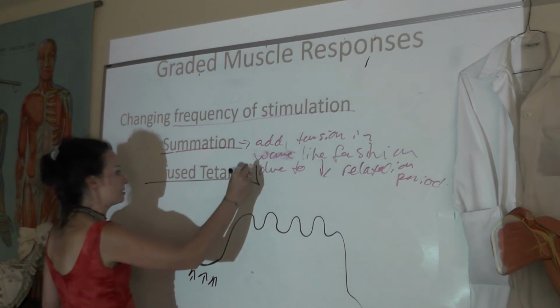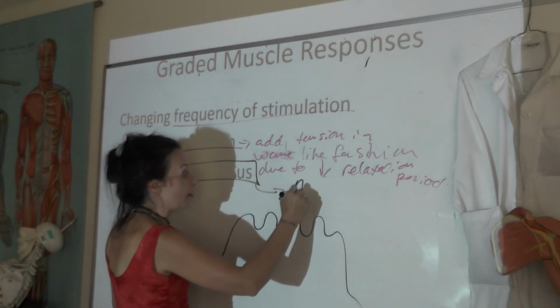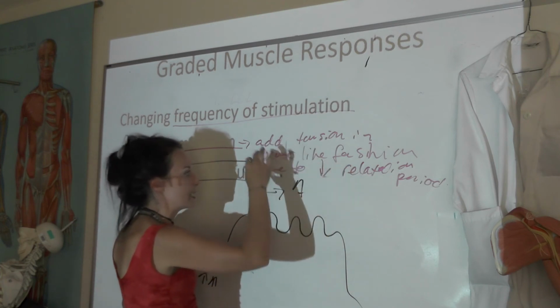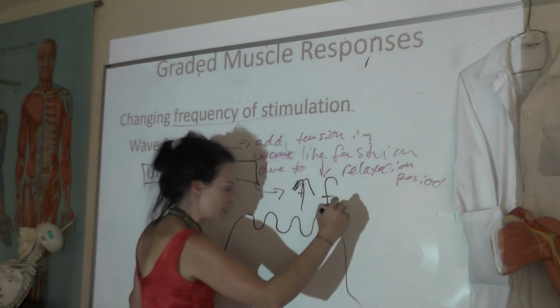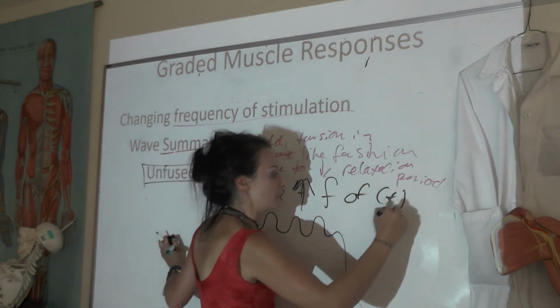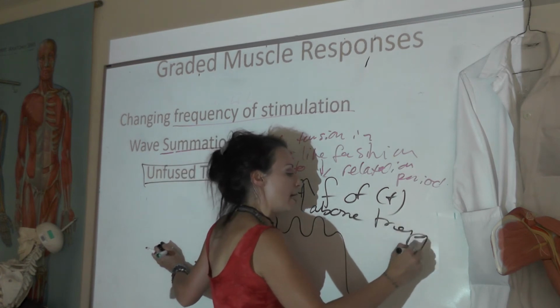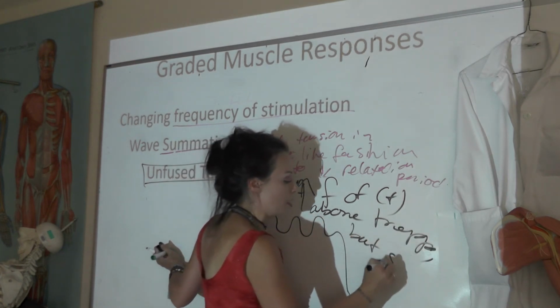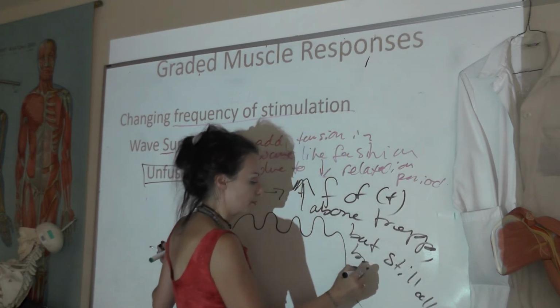All I want you to know for unfused tetanus is that we are further increasing the frequency of stimulation above treppe, but still allowing for a brief moment of relaxation.